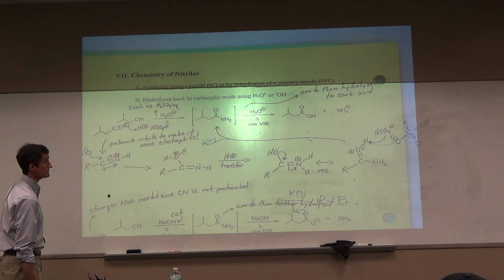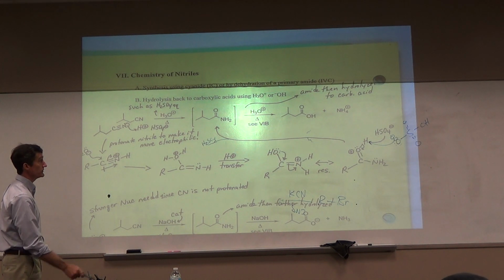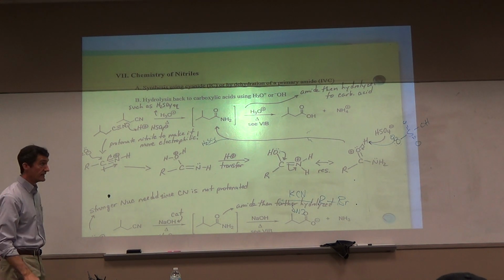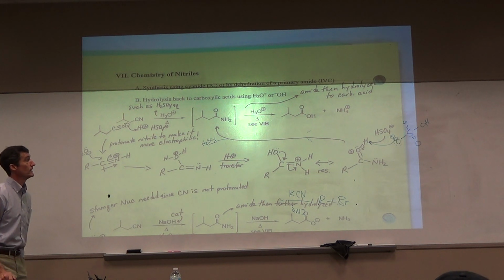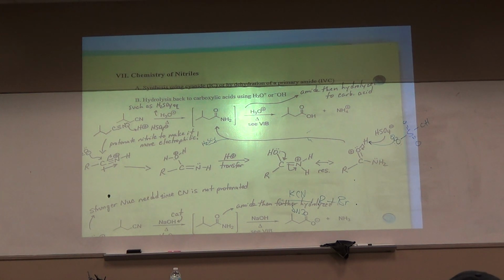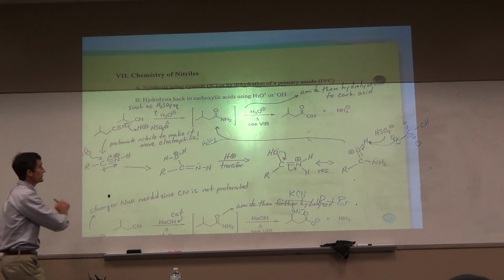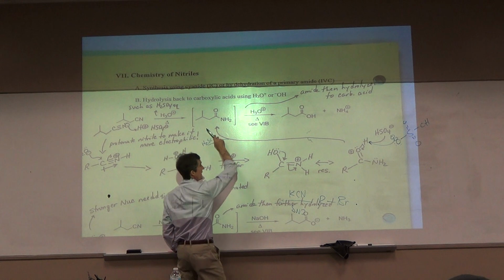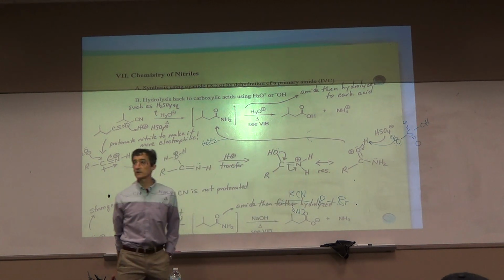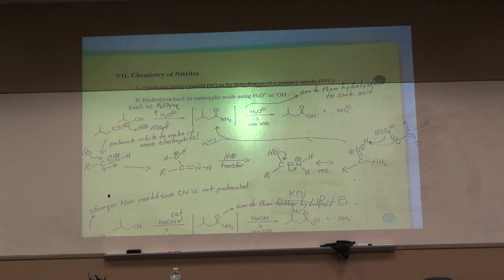Okay. Eventually those electrons will come back down and kick off the nitrogen. Ultimately, you're going to form ammonia, but under acidic conditions, the ammonia will exist as ammonium, NH4+. You should do that mechanism on your own. So it's really a double hydrolysis. First hydrolysis gets you the amide, and then you hydrolyze again to get back to the carboxylic acid.